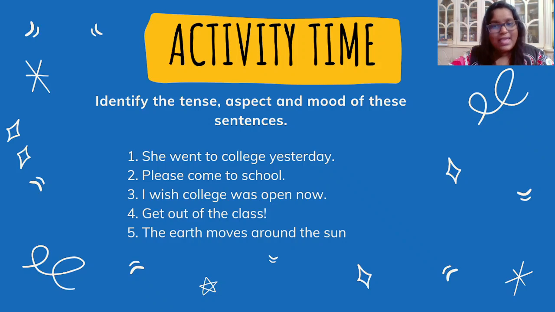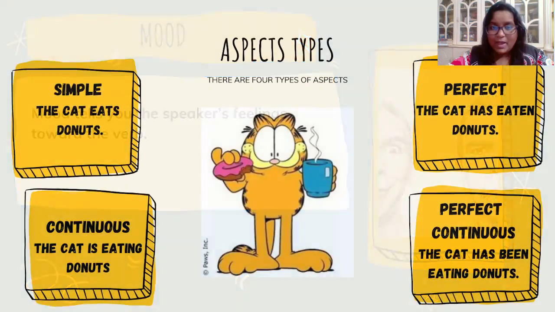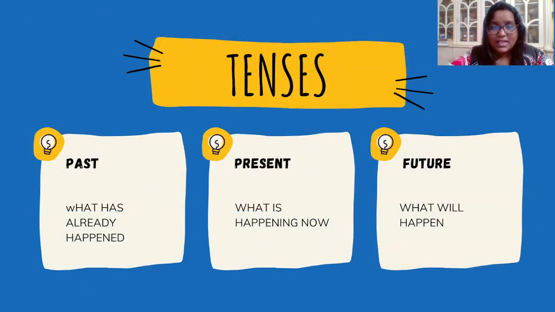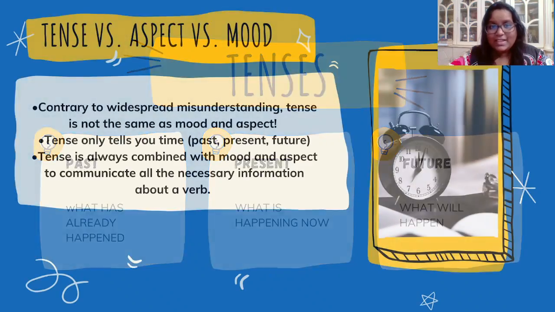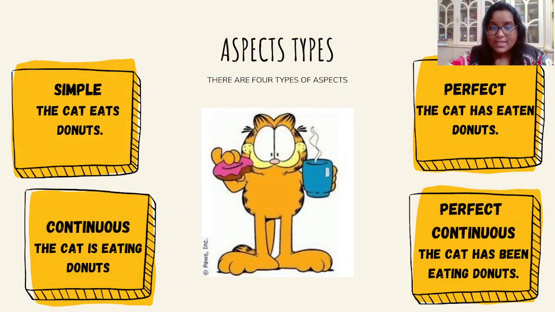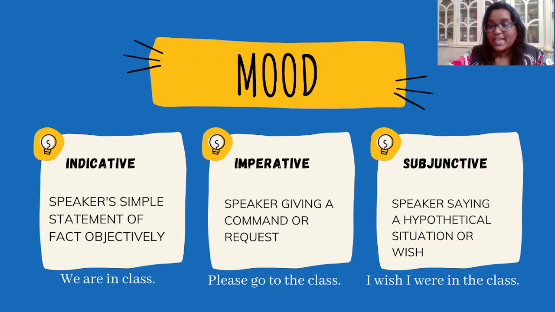Now let's recap what we have already covered. We discussed the 3 tenses: present, past, and future. Then we discussed aspects, 4 aspects: simple, continuous, perfect, and perfect continuous. After that, we discussed 3 moods: indicative, imperative, and subjunctive.